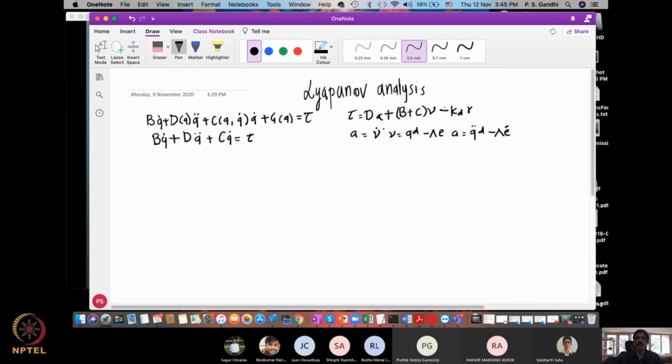So we will use this form of A and nu while substituting.